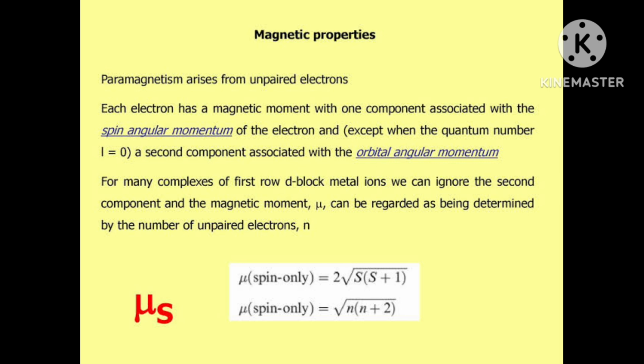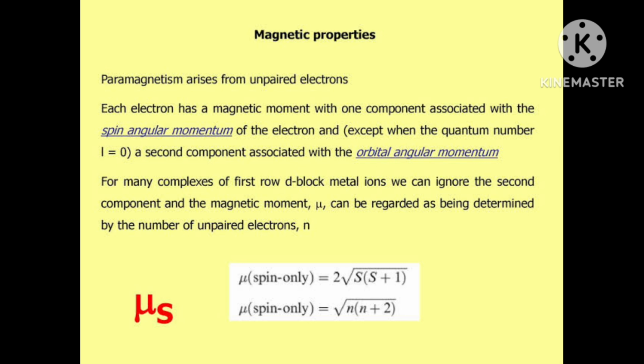Thus, d4 is chromium 2+ and manganese 3+. D5 is Mn2+ and Fe3+.